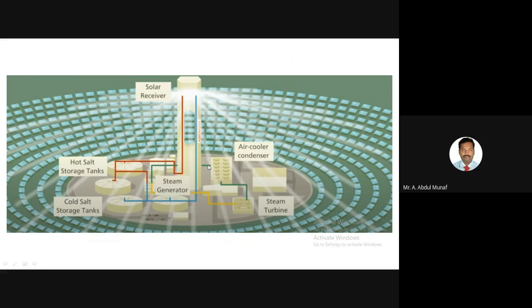That cooled liquid automatically flows inside this pipe and flows to the receiver. Then in the receiver we are heating it, and that hot water is taken outside. Like that the cycle is repeated.